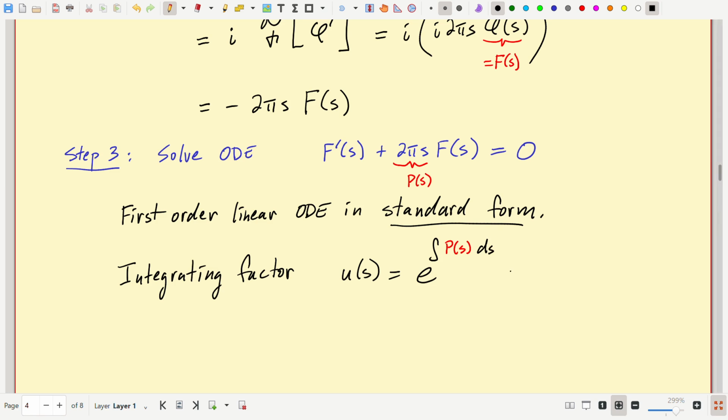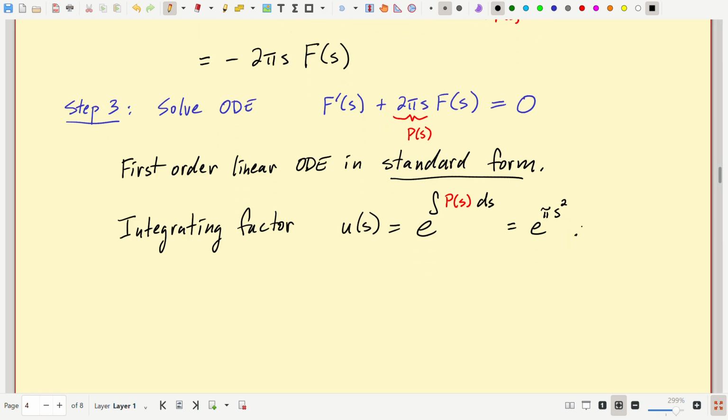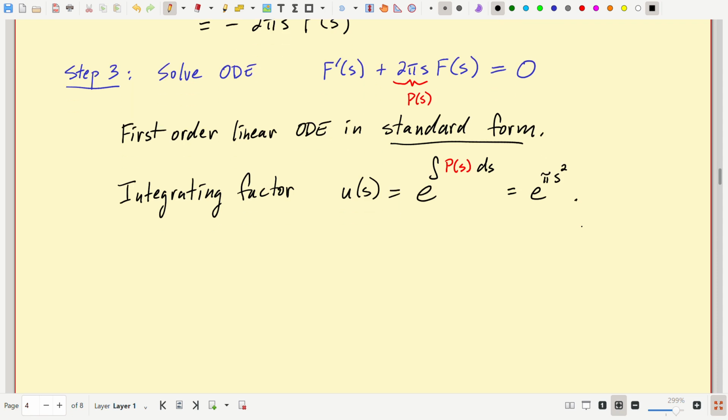Well, that would be e to the, integral of 2 pi s would be 1/2 times 2 pi s squared, so plus pi s squared. Interesting. And what you do with the integrating factor is you multiply the standard form ODE by the u, the integrating factor.